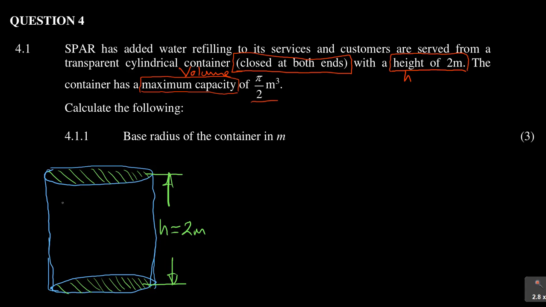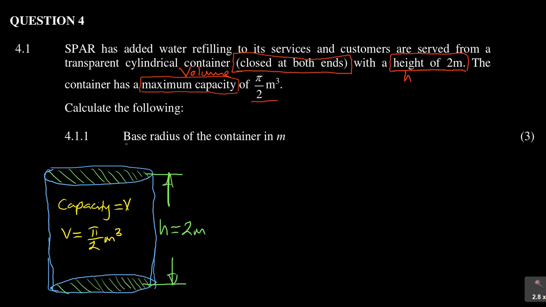The capacity is equal to V, the volume, so volume there is pi over 2 cubic meters. So this is the information that they are giving. And then the first one says calculate the following: the base radius of the container in meters.